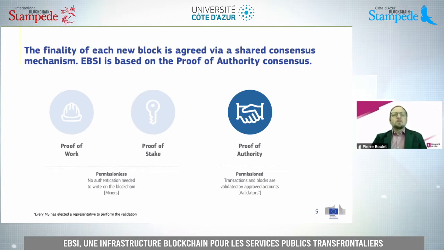But the problem of proof of work is that it costs a lot of energy to run, just to run the consensus protocol. And so we have alternatives like the proof of stake, where instead of controlling enough computing power, you control a large enough amount of money, of the currency of the blockchain. Like you invest in a company by investing your money, and this money is stored somewhere.